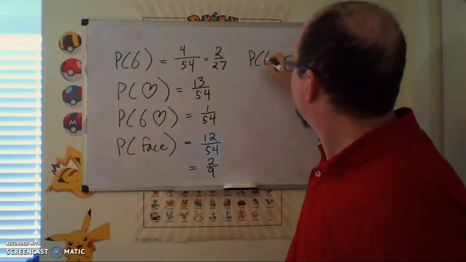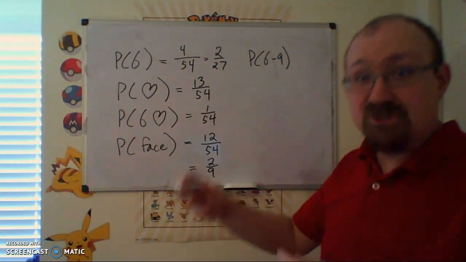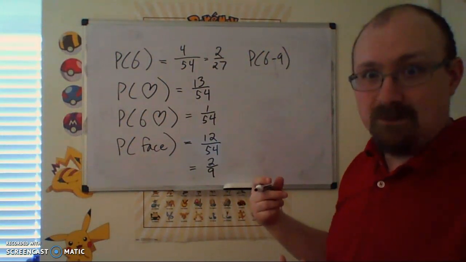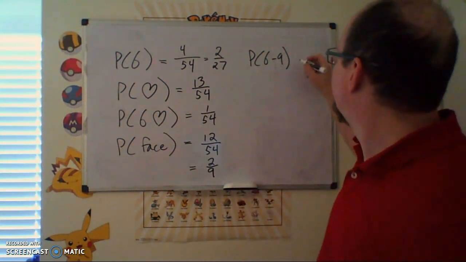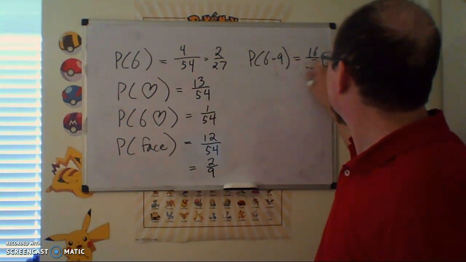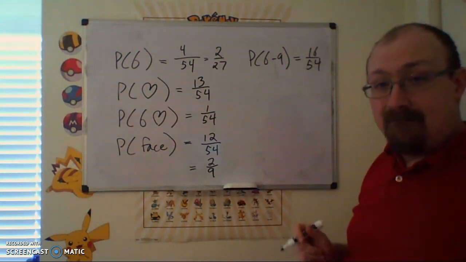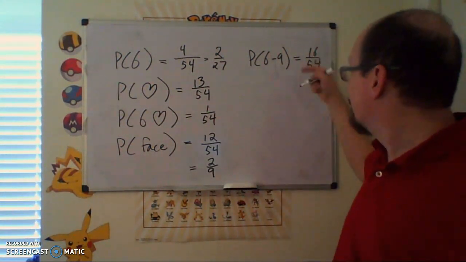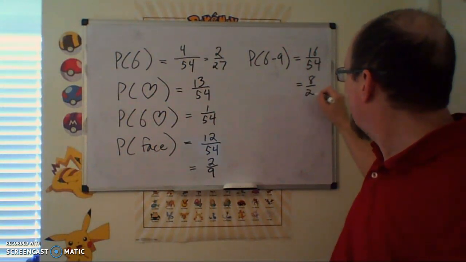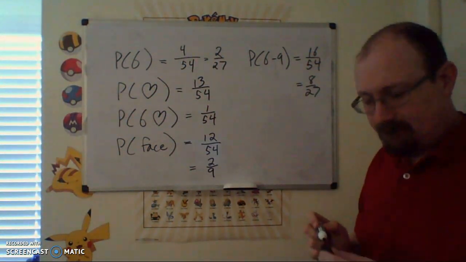So that means we want a value from 6 through 9. That's 4 values, 6, 7, 8, 9 in 4 suits. So 16 over 54, and then we can reduce that fraction down because these are both even to 8 over 27. So that's card draw.